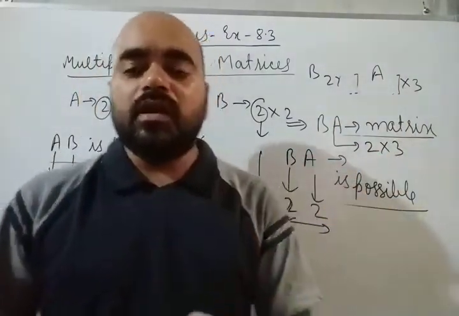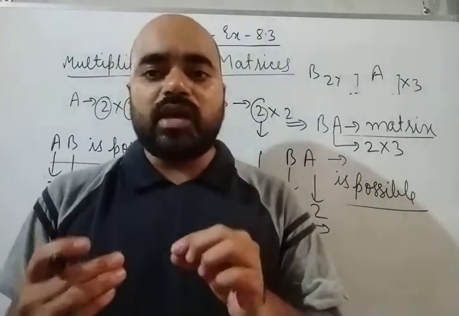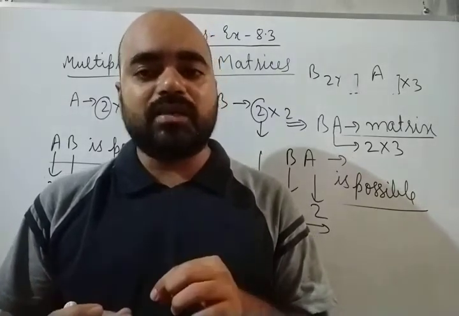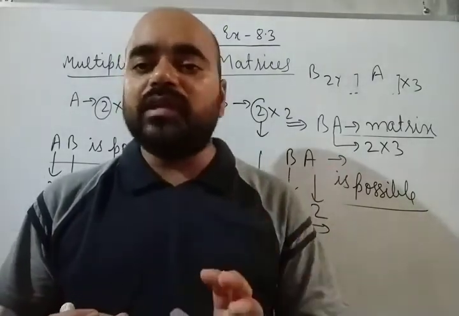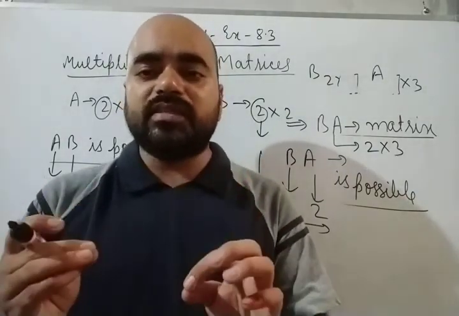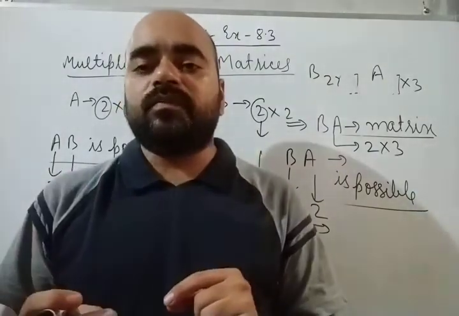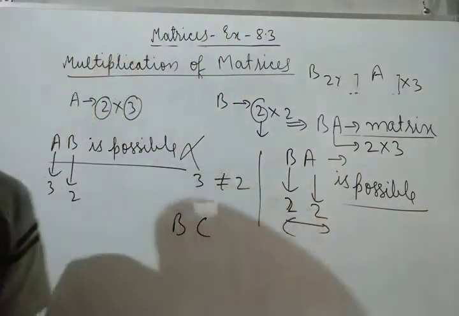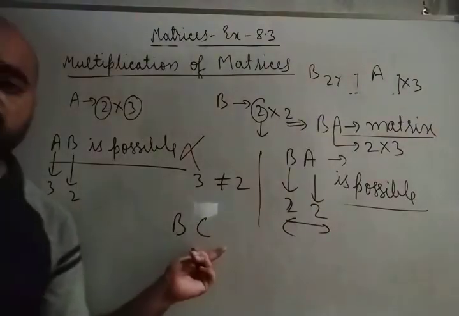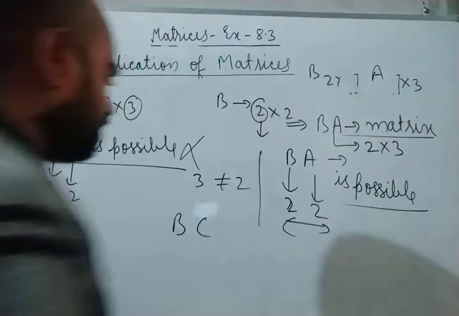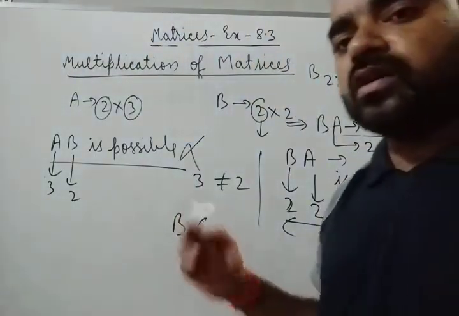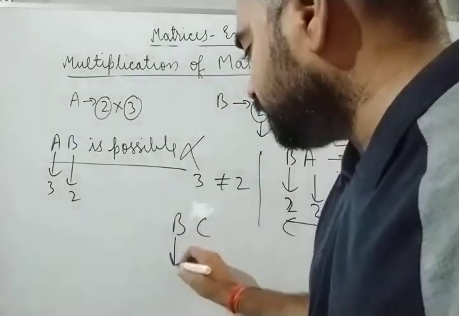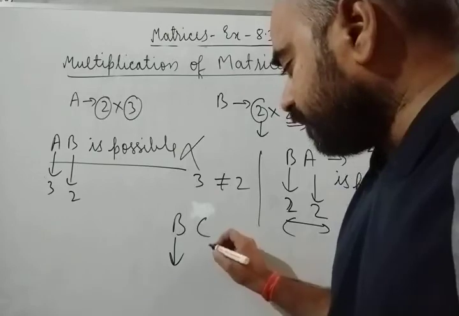What we have studied is that whenever two matrices are given, you can check whether they are compatible for multiplication, whether it is A into B or B into A. Suppose B into C is given, and we have to check whether B into C is possible or not. The concept is the same.